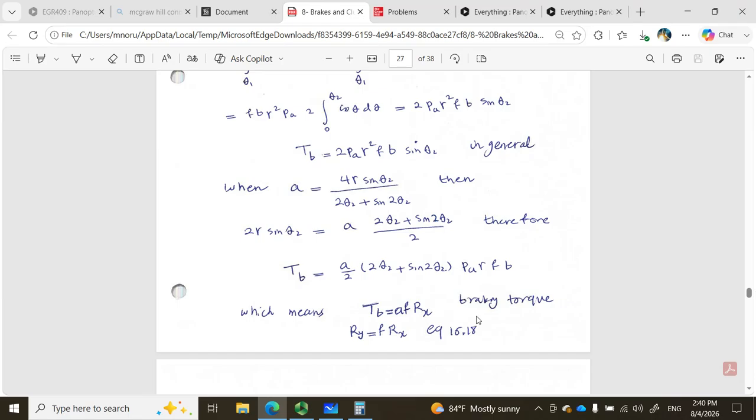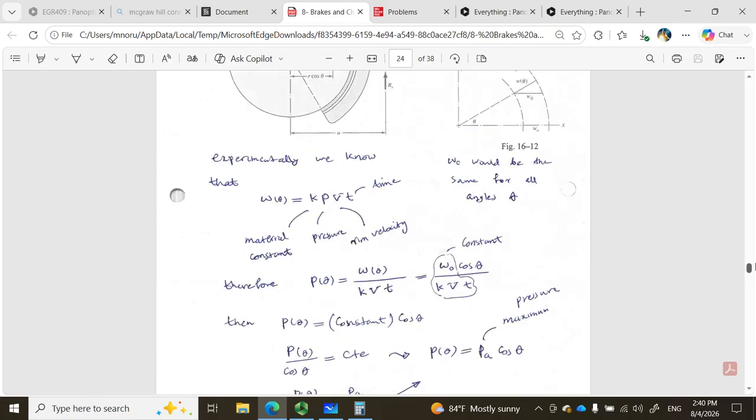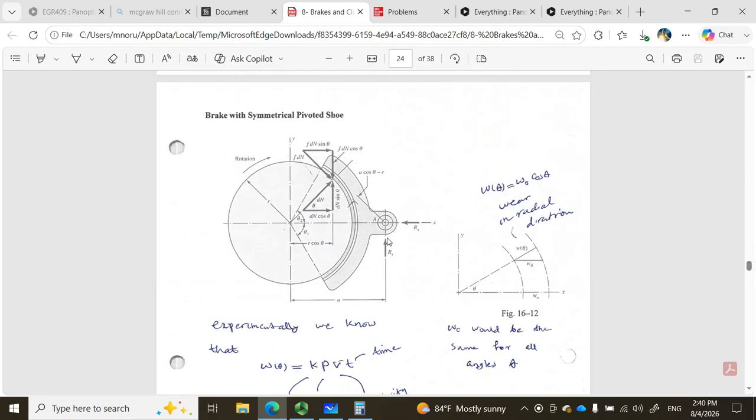Rx is like the actuating force in the X direction. Ry then is going to be F times Rx. So you can think of Rx and Ry as your actuating forces.